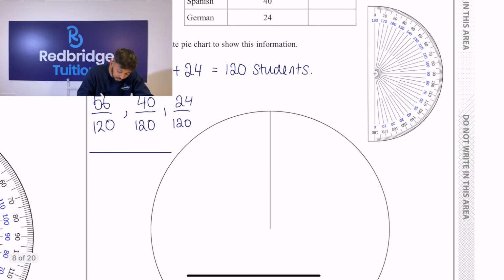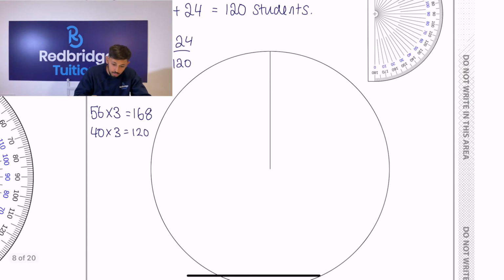We're going to have 56 times 3, which is equal to 168. Then 40 times 3, which is equal to 120. And the last one for German would be 24 times 3, which gives me 72. Now these are our angles that we will be using to plot our pie charts.